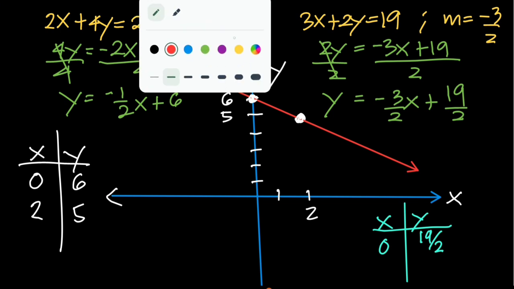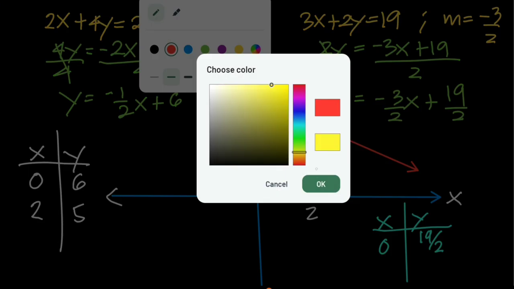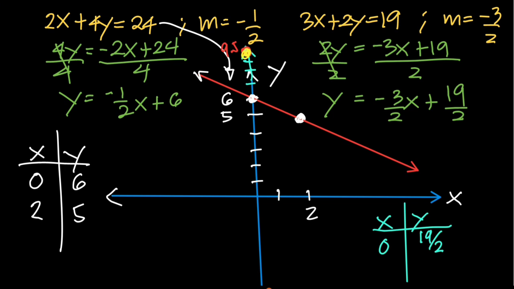I'll just use yellow. So here is 9.5. Then when x is 3, negative 3 halves times 3, oh, let's just do 19 over 3, so it'll be easier.